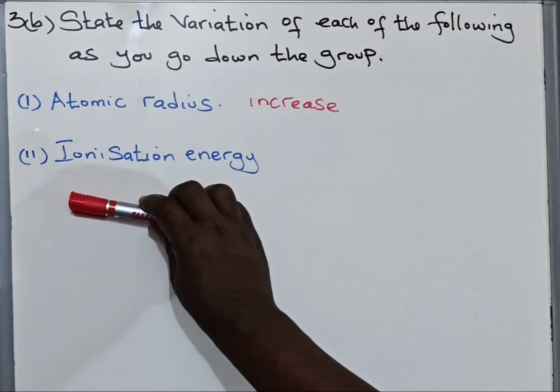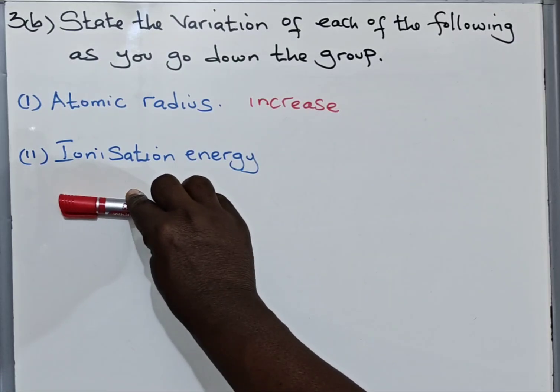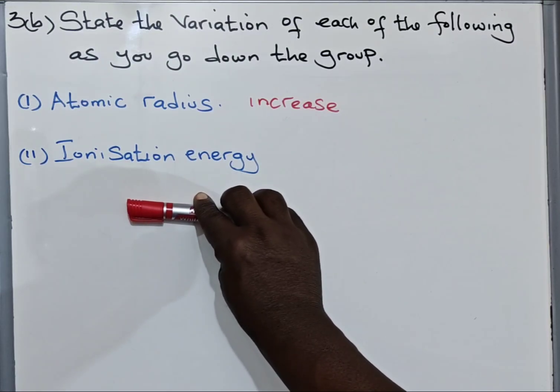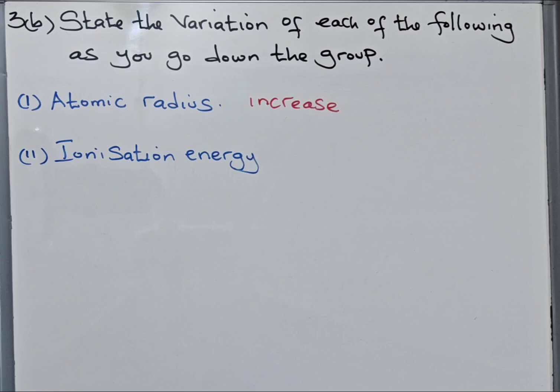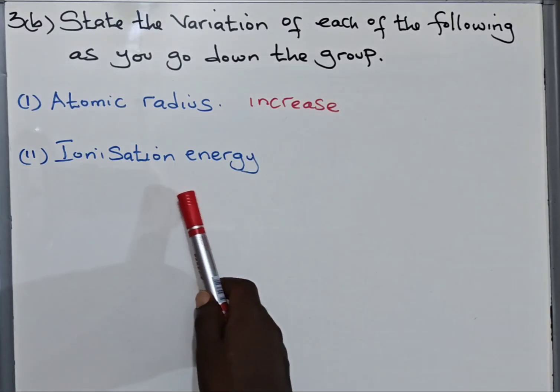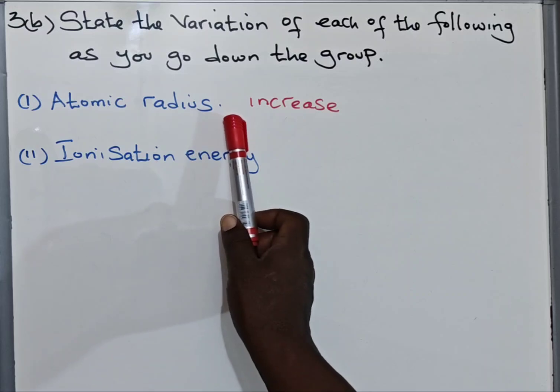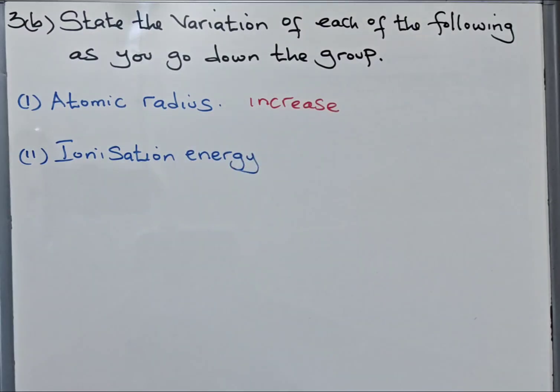Next is ionization energy. You have to know that ionization energy is the energy required to take out an electron from an atom. And this one has a very direct bearing to the size of the atom. When the atom is smaller, the electrons are very close to the nucleus, so they are strongly attracted.